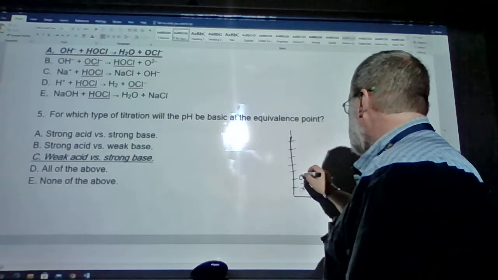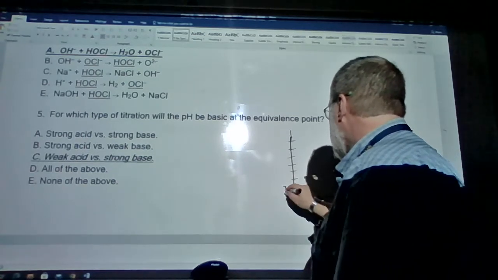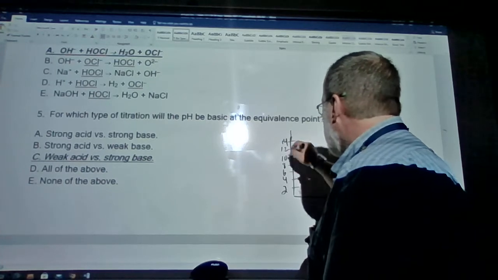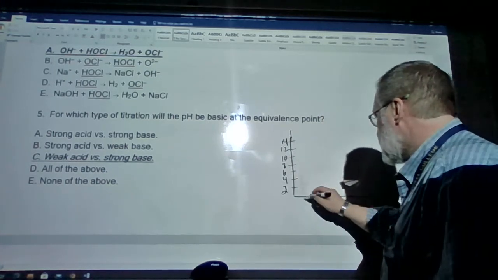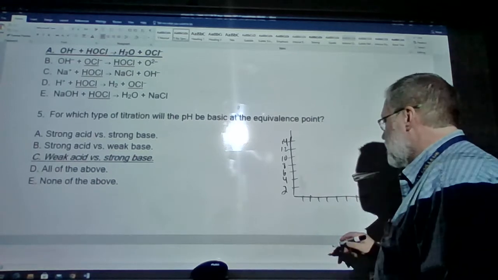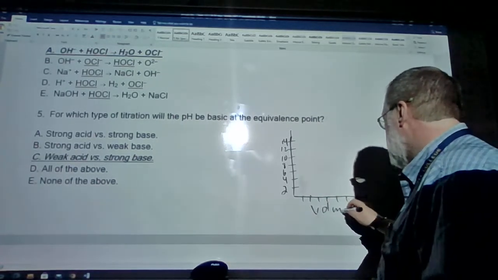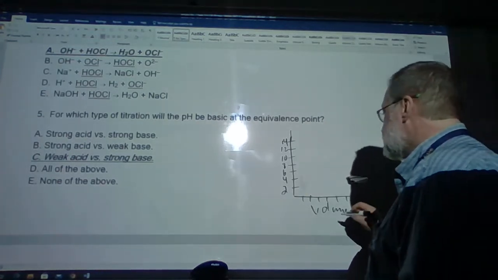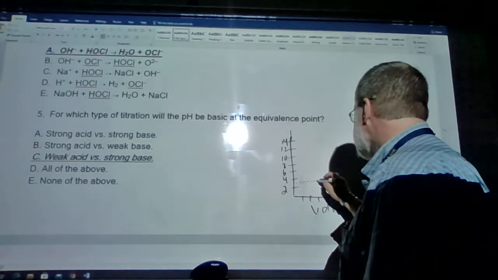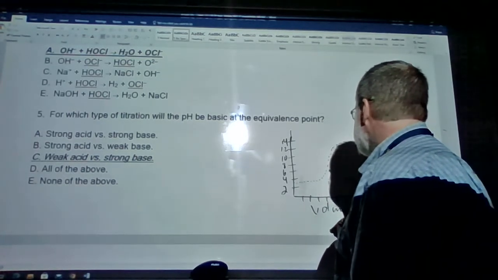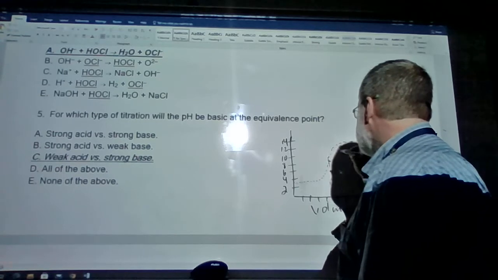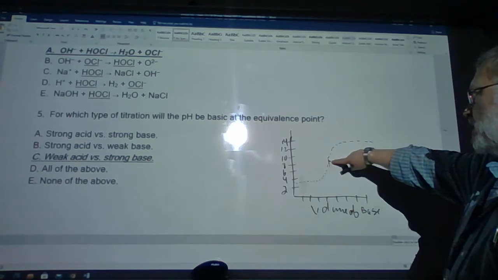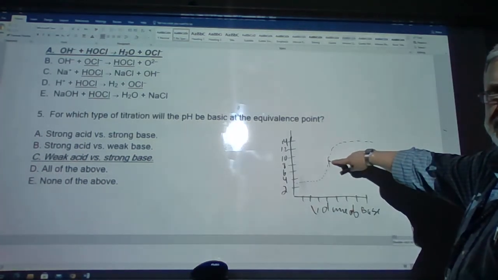So pH, let's do this on the outside. 2, 4, 6, 8, 10, 12, 14. This is volume of base. Your equivalence point is somewhere here, just a little bit above 8, somewhere between 8 and 9.